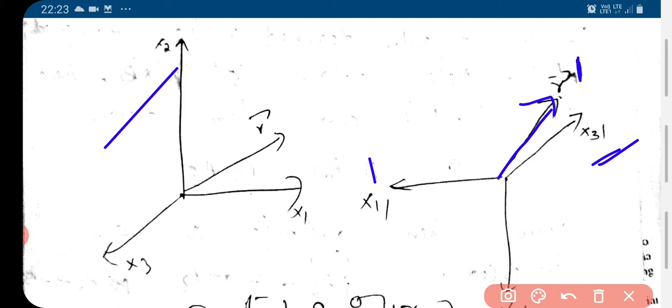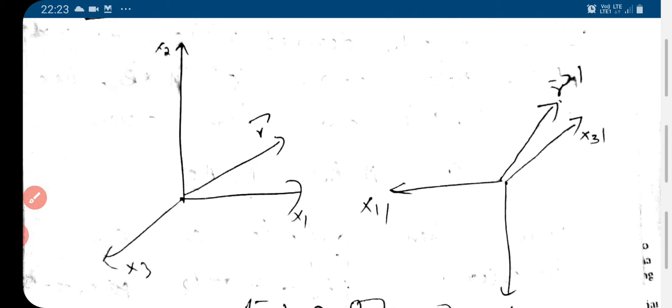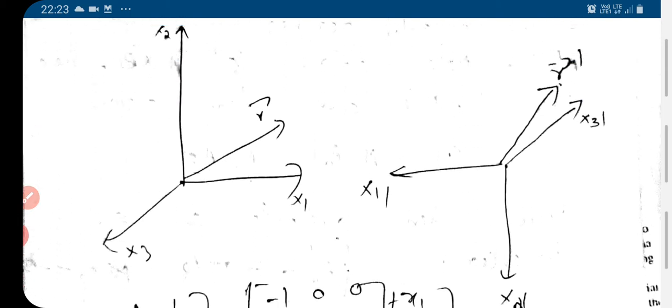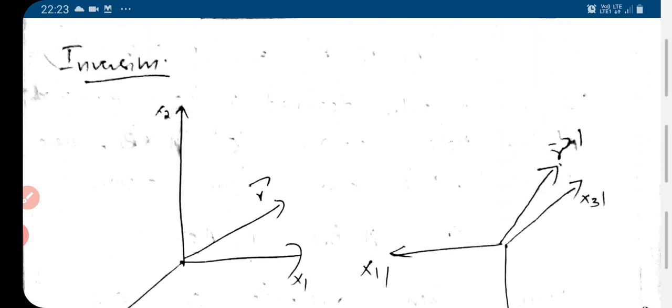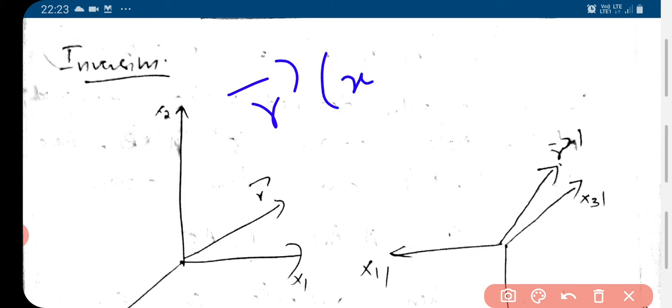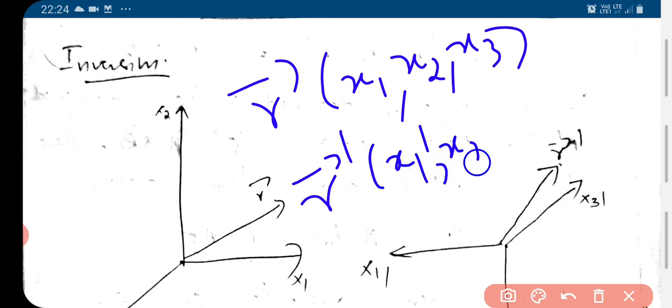But here the coordinates now change. If vector r has the coordinates x1, x2, x3, vector r prime has coordinates x1 prime, x2 prime, x3 prime.